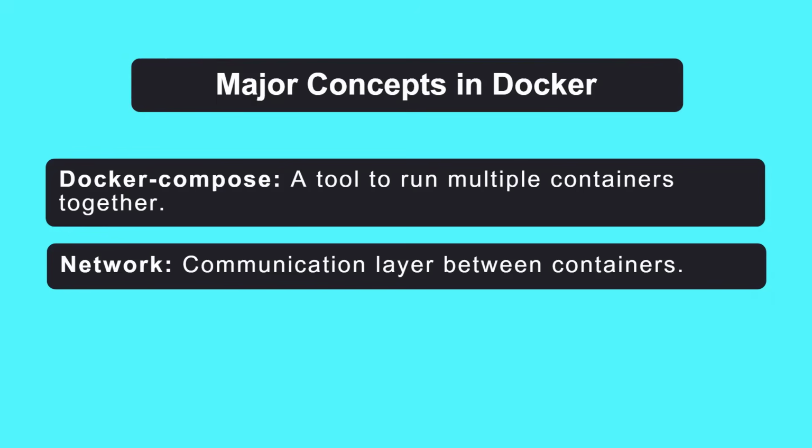We must compose those containers inside a file and then push that file to production. So that's where Docker Compose helps us. It helps us compose two or more Dockerfiles or containers or images inside a single file. It is a tool to run multiple containers together.